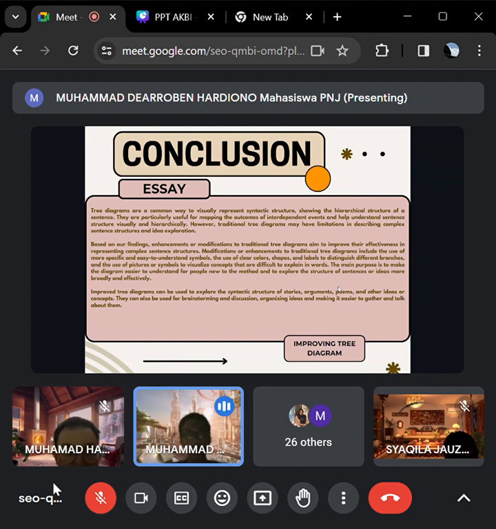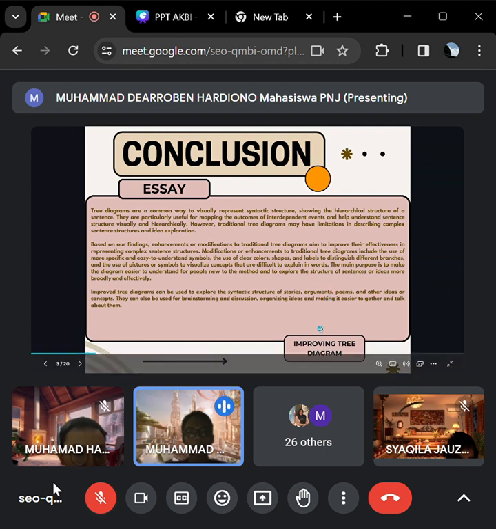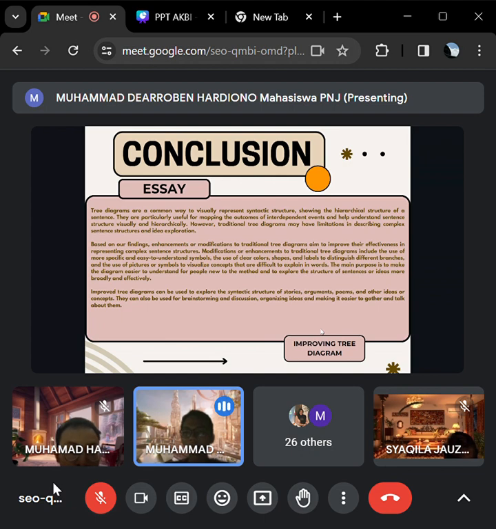So, I will explain the conclusion of our group's material on improving tree diagrams. Tree diagrams are a common way to visually represent syntactic structure, showing the hierarchical structure of a sentence. They help understand sentence structure visually and hierarchically.